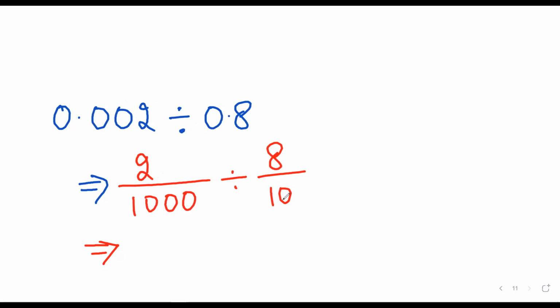You could even say 800 upon 1000. If you are comfortable, you can write it like this. No, but then the denominators are the same, it's much easier to do it. Yes, as you like.